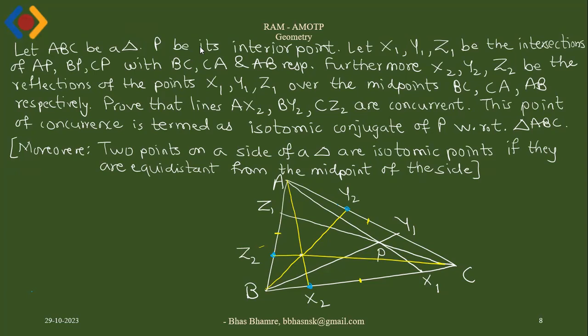So the Gergonne point is the intersection of the cevians which are created from the incircle touch points. And Nagel point is for the excircle.